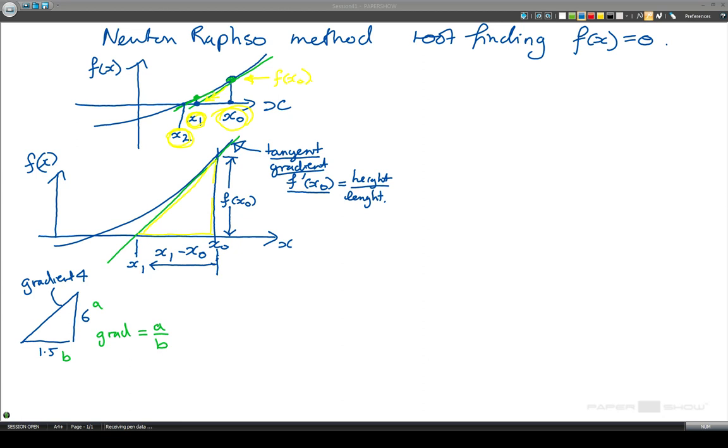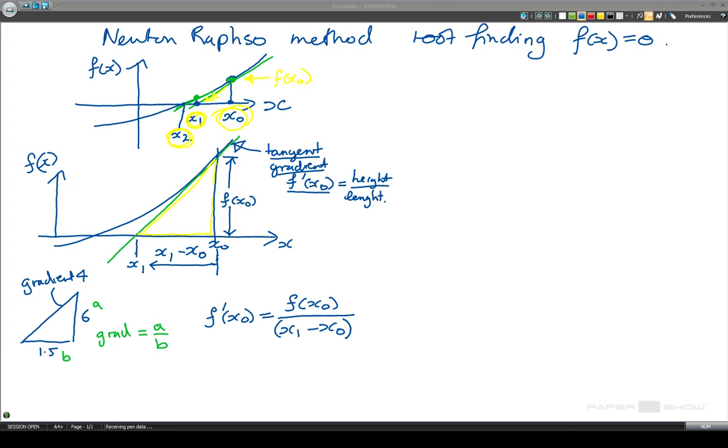Okay, nothing too controversial there. So what we have now, we can rewrite that for the gradient: f prime of x0 is equal to f of x0 divided by x1 minus x0. And we can rearrange that expression.